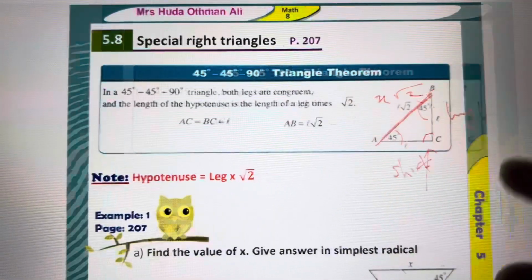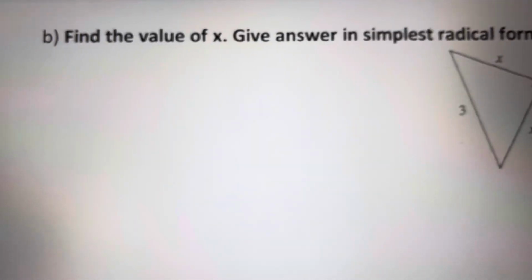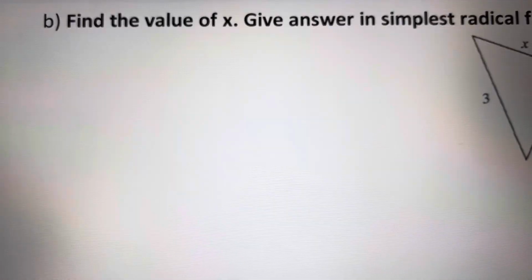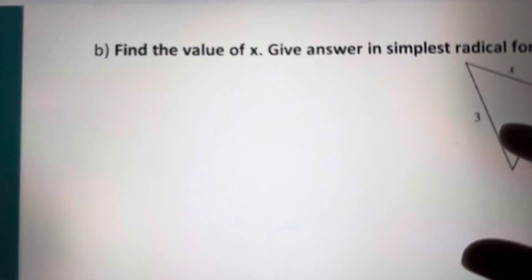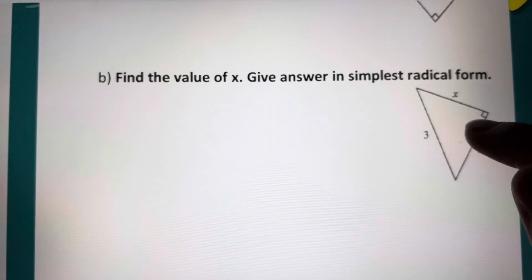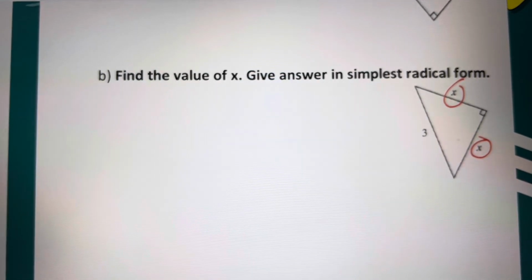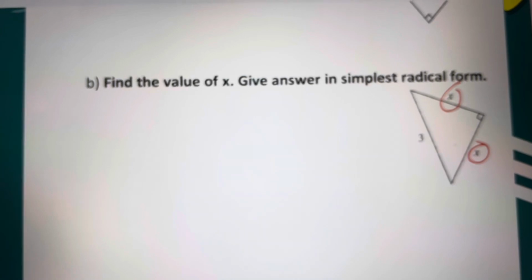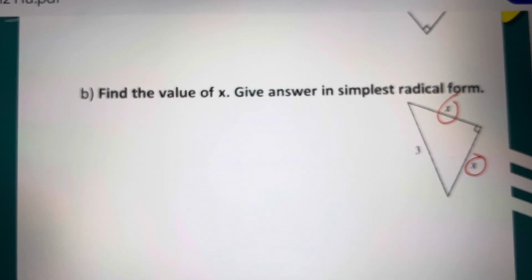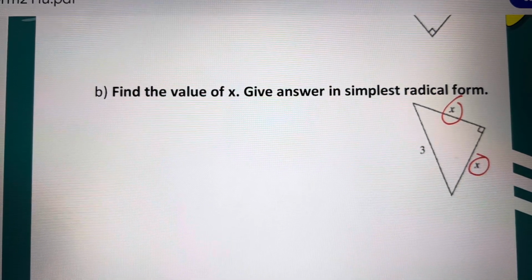Let's solve a question to understand more from what we have. The question is asking us to find the value of X. What do we have? I have got a 90 degrees here, and two of these sides are the same. If two of the sides are the same, that means it's exactly the same thing as having two angles that are the same, which is an isosceles triangle.